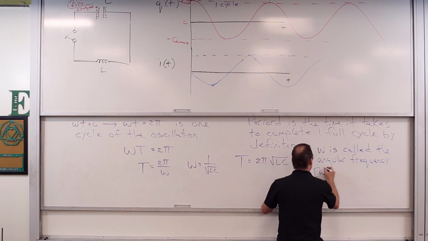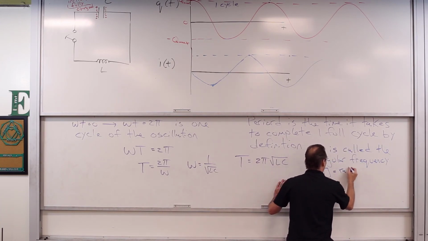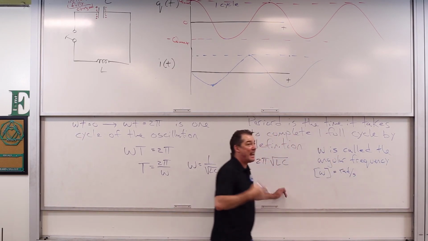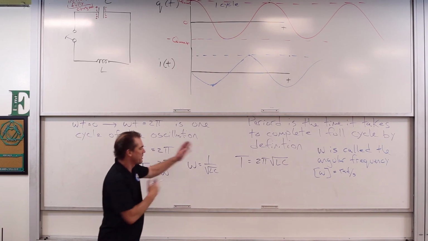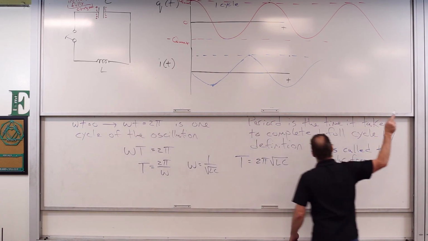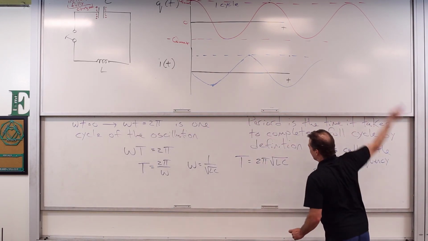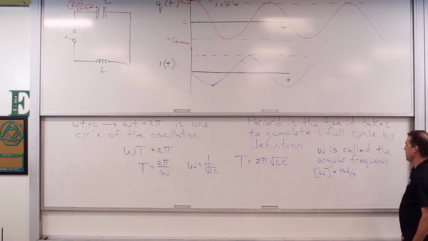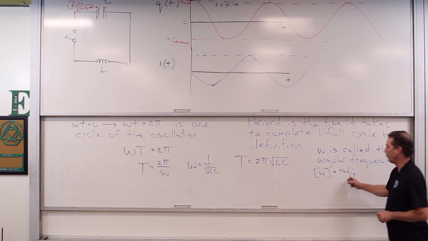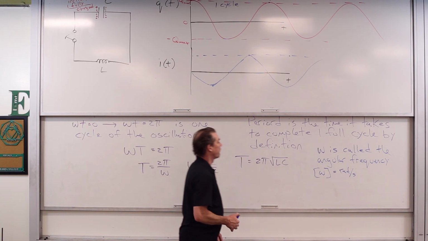It has units of radians per second. It's much like angular velocity. We will at some point look at the correlation between angular velocity, uniform circular motion, and sinusoidal motion. So every 2 pi radians that goes by, ultimately, you've got a repetition. That's correlated with omega itself, the angular frequency.